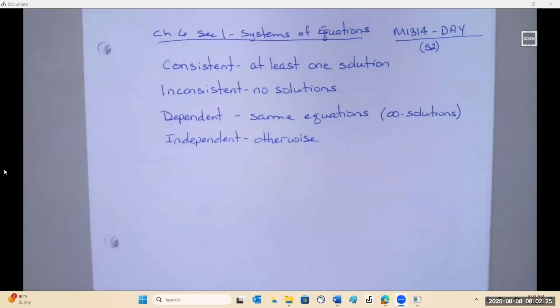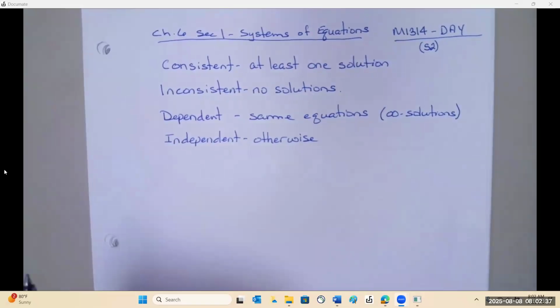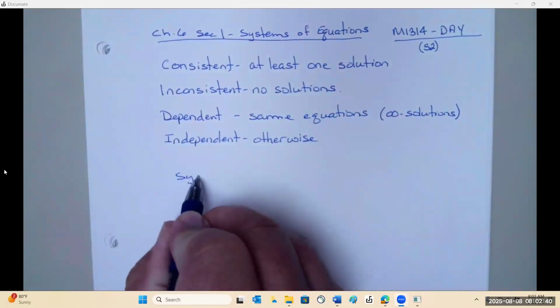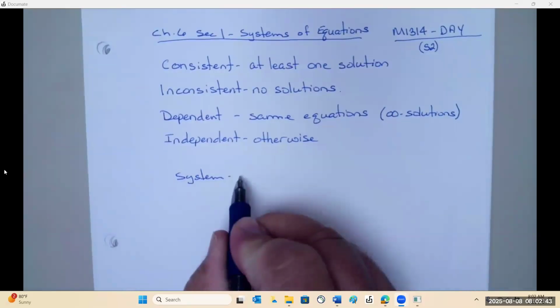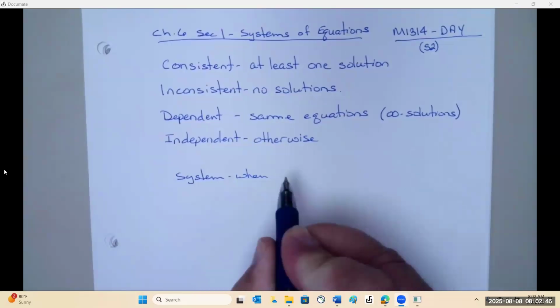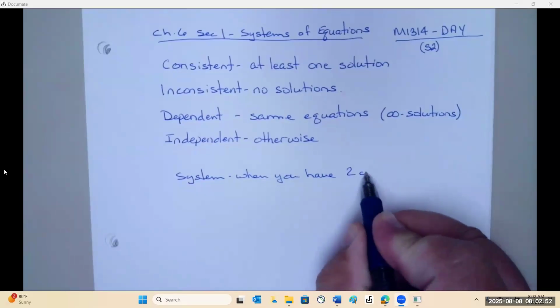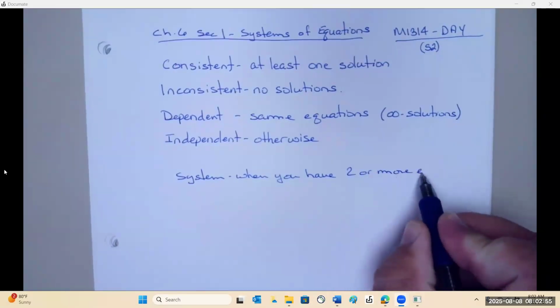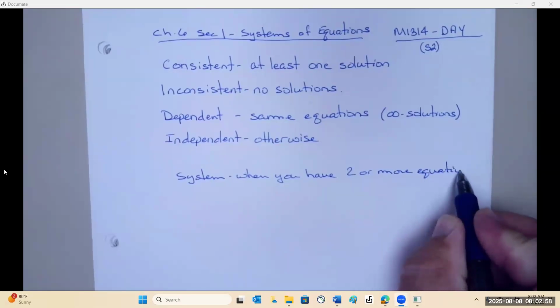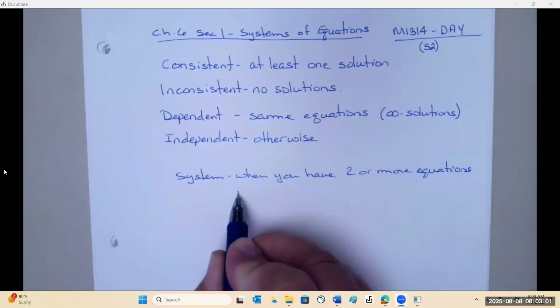All right, the last chapter is going to deal with something called systems of equations. When we talk about systems, what does that mean? A system is when you have two or more equations with variables.